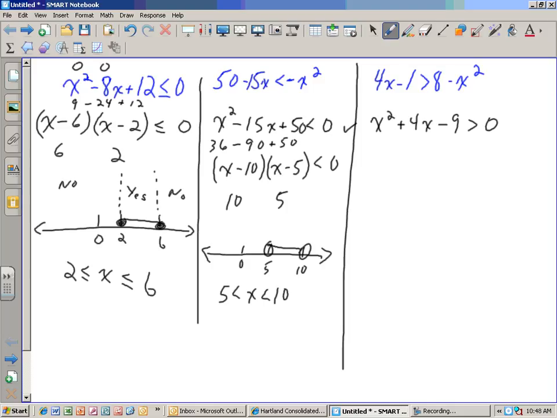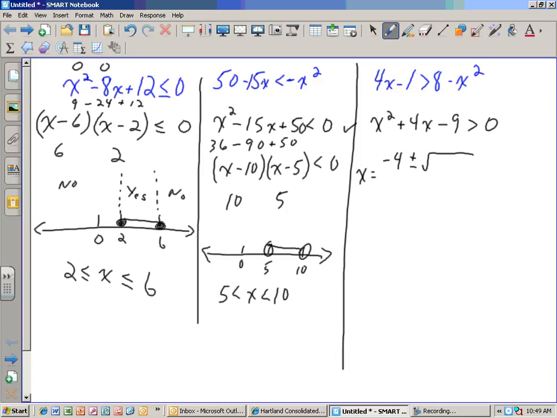I think it might be easier for quadratic formula. So let's go ahead and do that. x is equal to the opposite of b plus or minus the square root of b squared minus 4ac, which is called what? The discriminant, right?